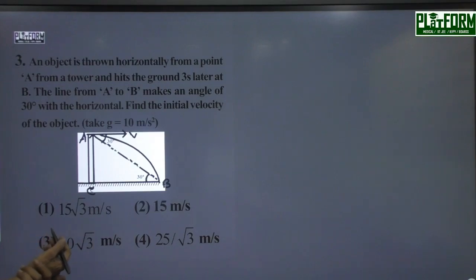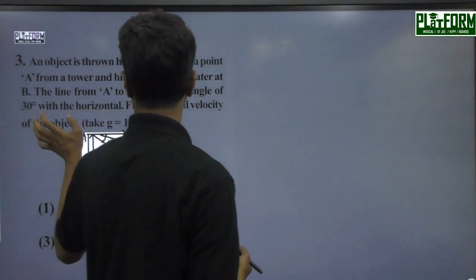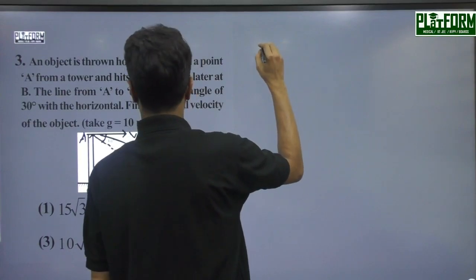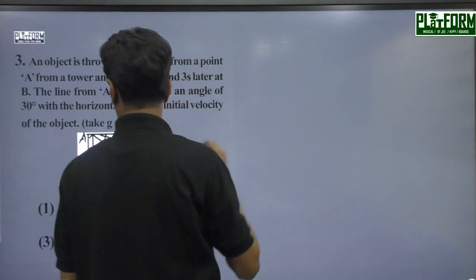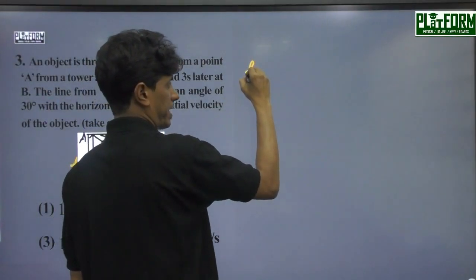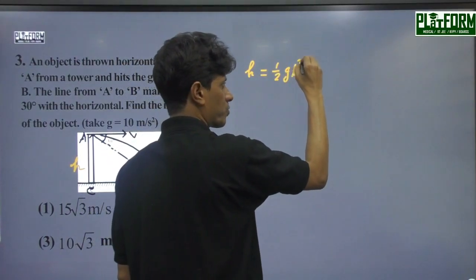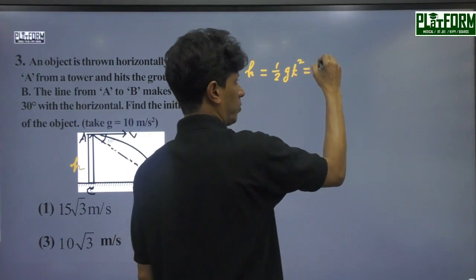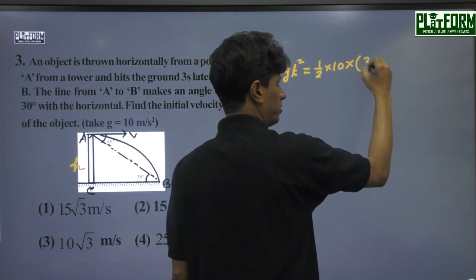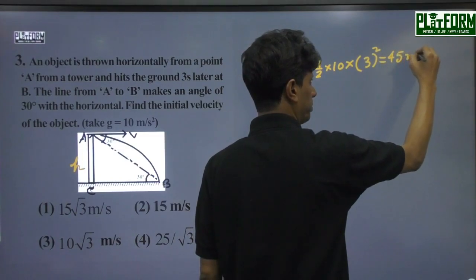An object is thrown horizontally from a point A on a tower and reaches B 3 seconds later. So the height of this tower h is equal to half g t square, equal to half into 10 into 3 whole square, that is 45 meter.